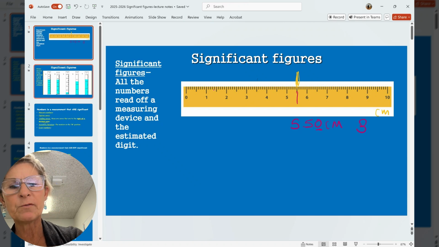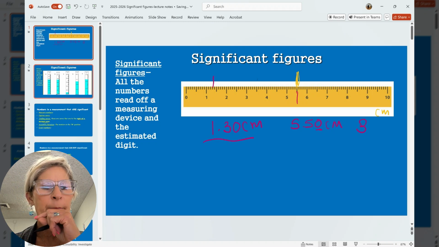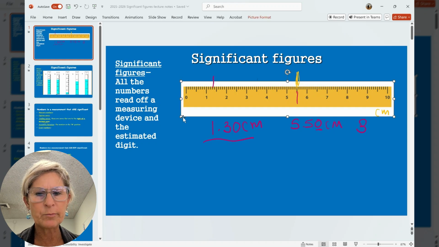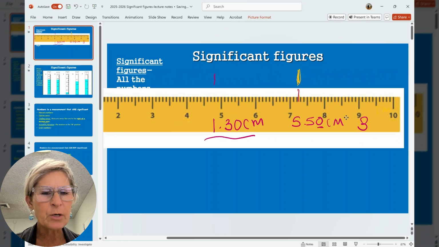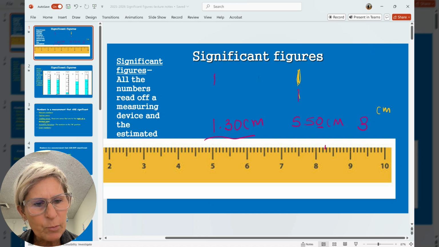If something was to fall right here, then I would read it as 1.1, 1.2, 1.3, and I estimate my last digit as 0. And then again, centimeters, and I would have three sig figs. If something fell right in between, let me make this a lot bigger. Let's say whatever I'm measuring fell right in between these two tick marks.